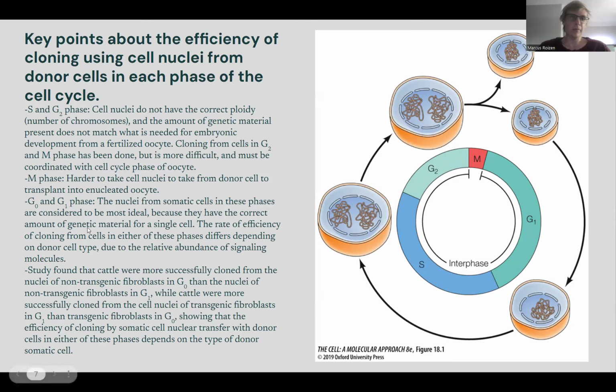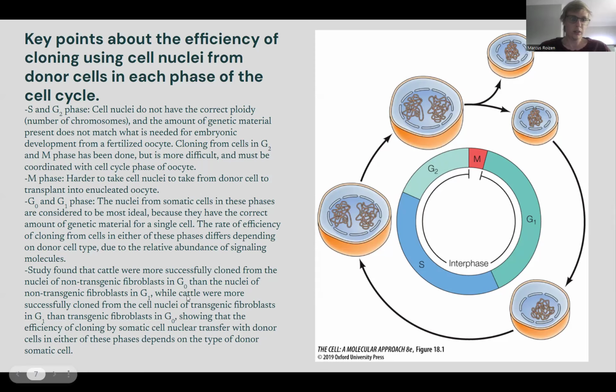And there is some variability between these two depending on the cell type that it's taken from. A study found that cattle were more successfully cloned from the nuclei of non-transgenic fibroblasts in G0 than the nuclei of non-transgenic fibroblasts in G1, different cell types.